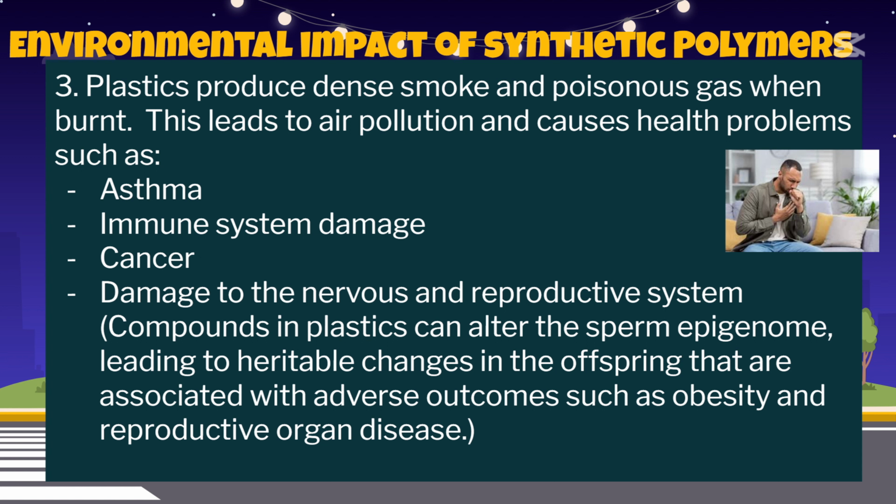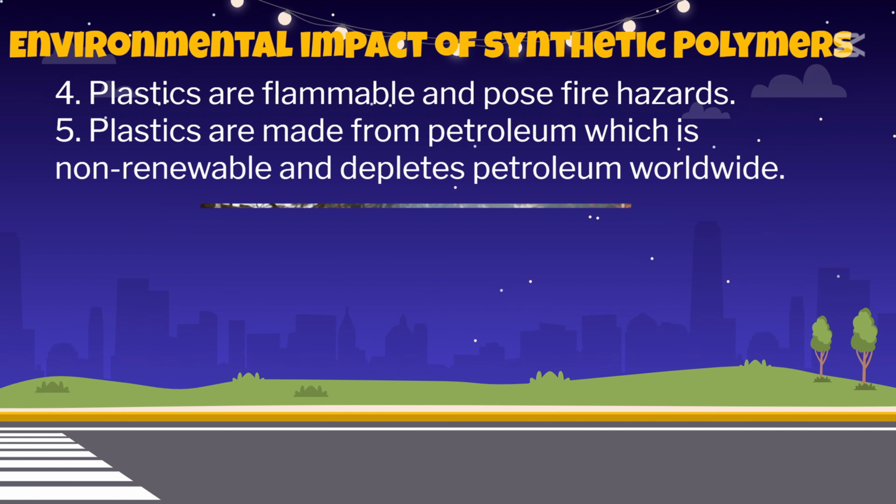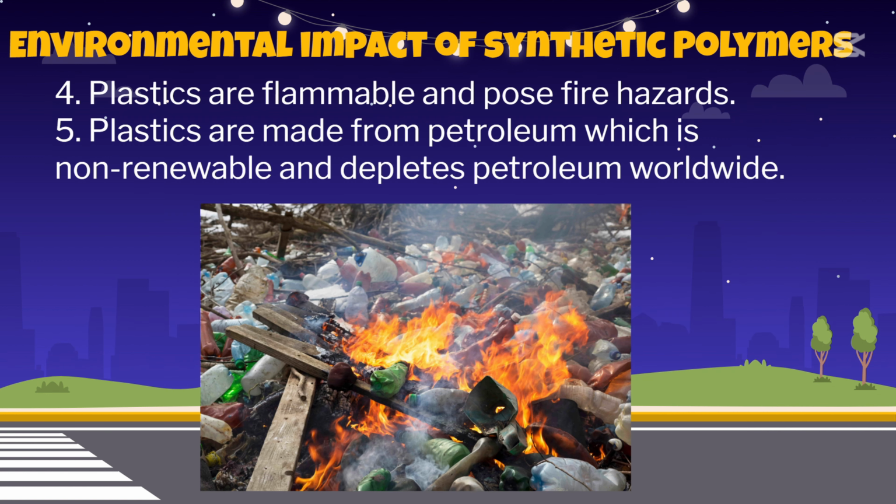So what that's saying is that because of the smoke and the pollution from plastic, it can cause damage to the human reproductive system, which can cause genetic disorders. So that's why obesity is considered by some as a genetic disorder, because of the effect of burning plastic in the environment.